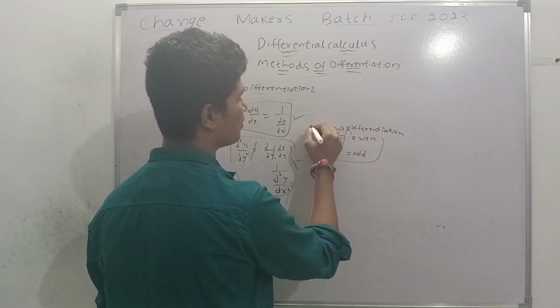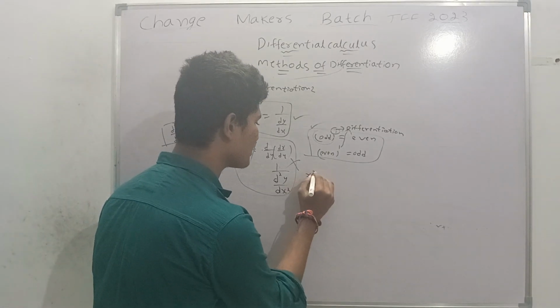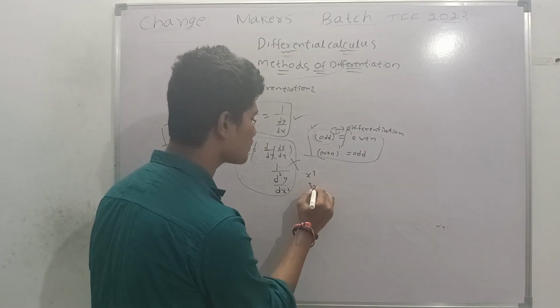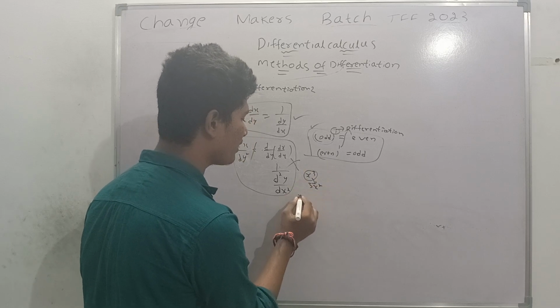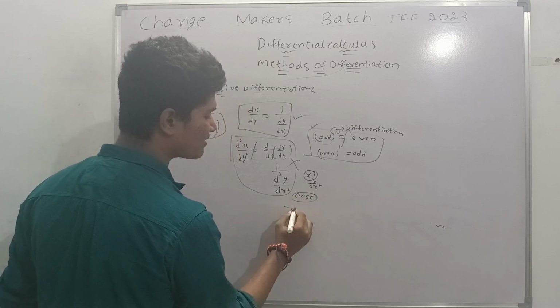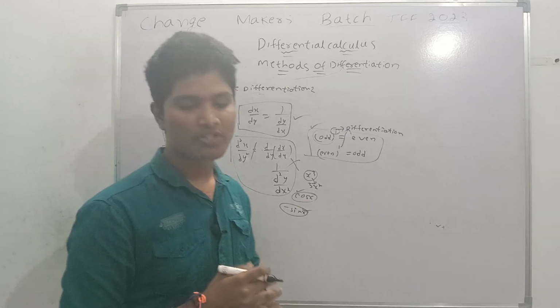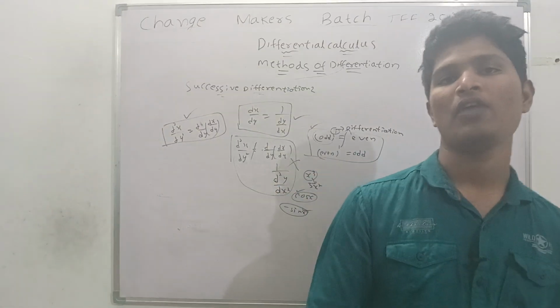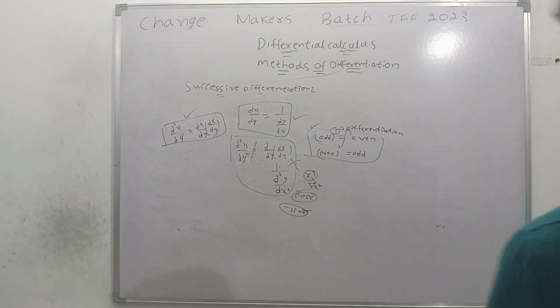It is very important to understand this. Suppose there is a function x cube, what is the differentiation of x cube? 3x square. So from an odd function you get an even function. Suppose cos x is an even function. If you do the differentiation, minus sin x is an odd function. So if you do even function differentiation, you will get an odd function. If you do odd function differentiation, you will get an even function. This is the thing.